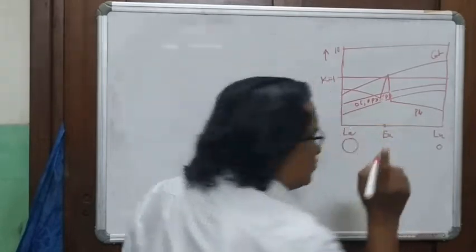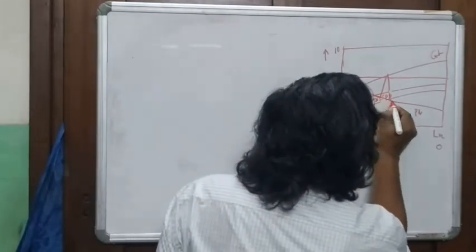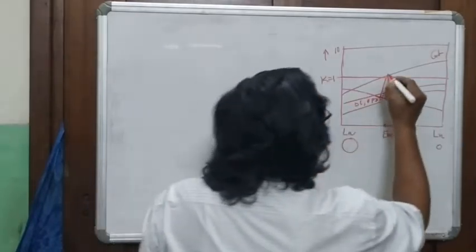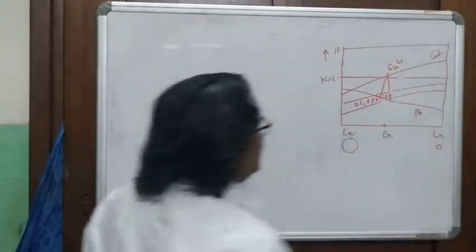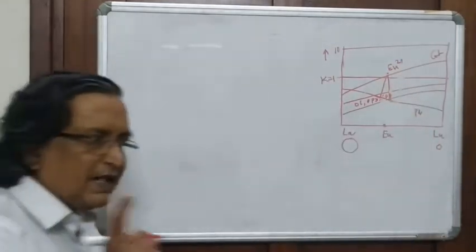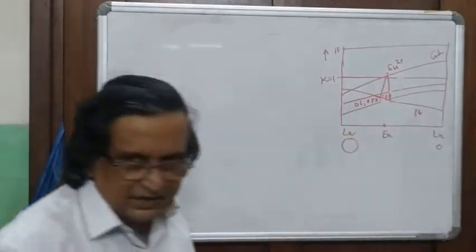Now I just wanted to say one thing here. In this diagram, this peak is because of Eu2+. Remember, all rare earth elements are essentially trivalent.